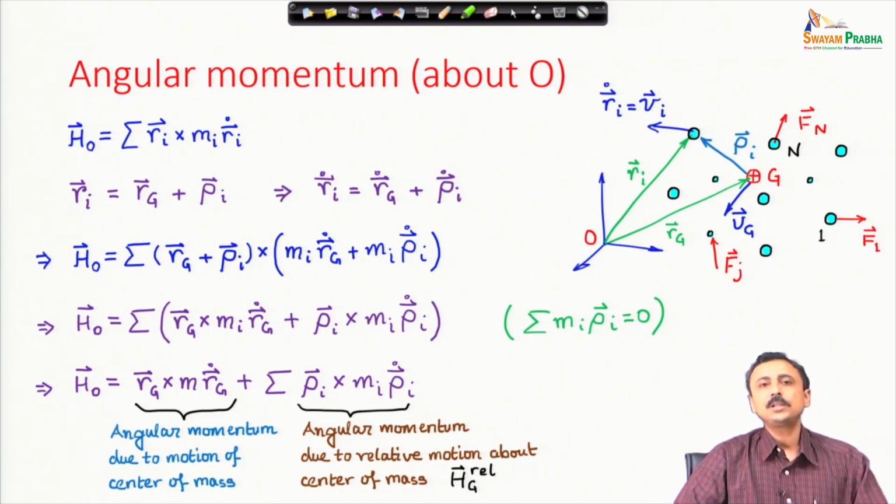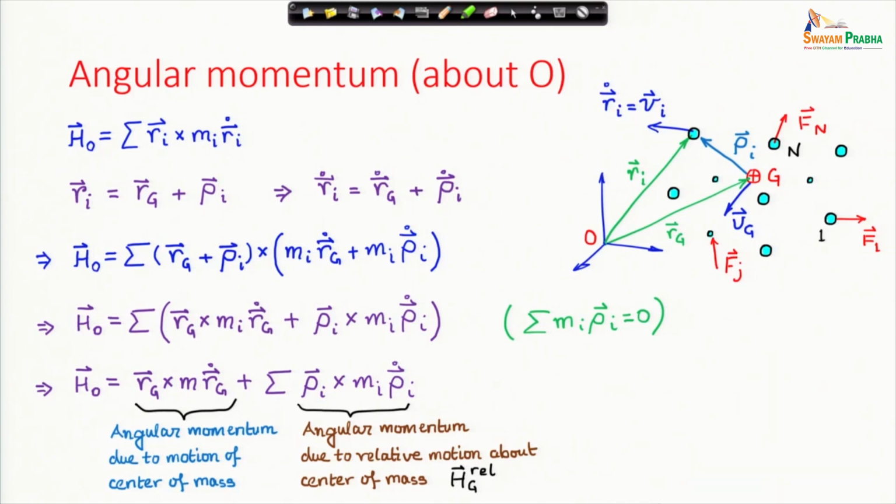Therefore, the total angular momentum of this system of particles about O is the angular momentum because of the motion of the center of mass with the whole mass concentrated at g, plus the angular momentum because of the motion of individual particles about the center of mass. So, two terms contribute to the total angular momentum.